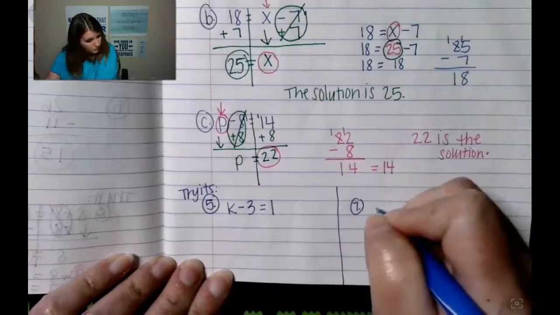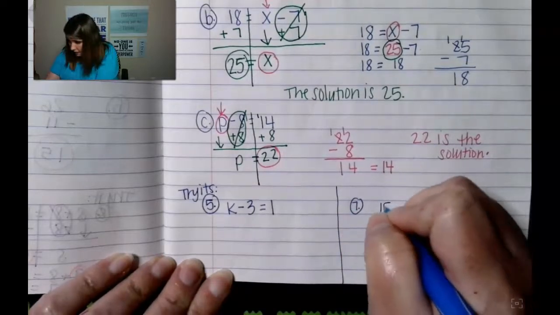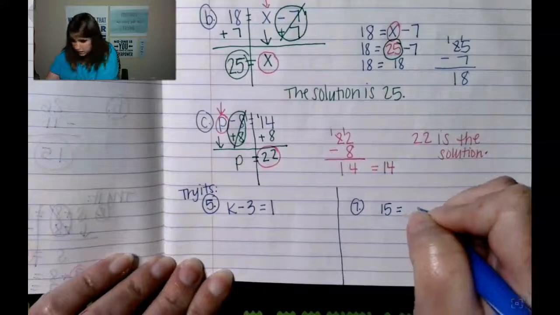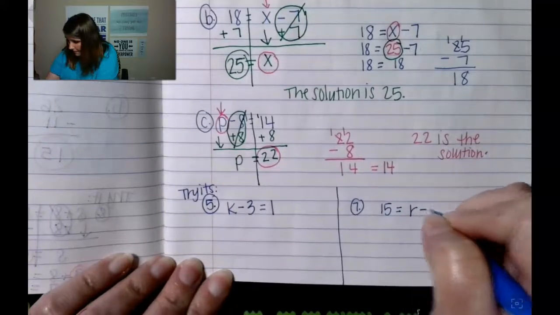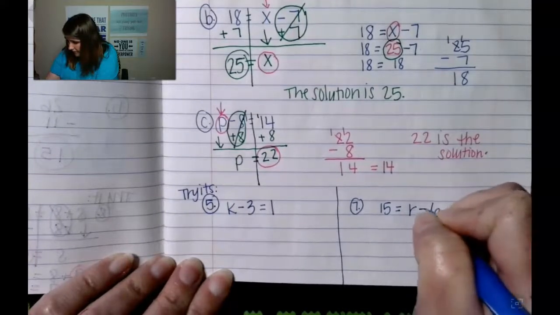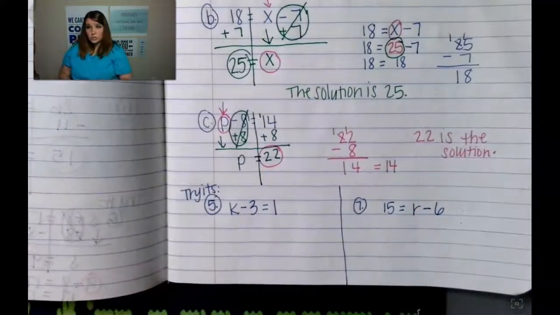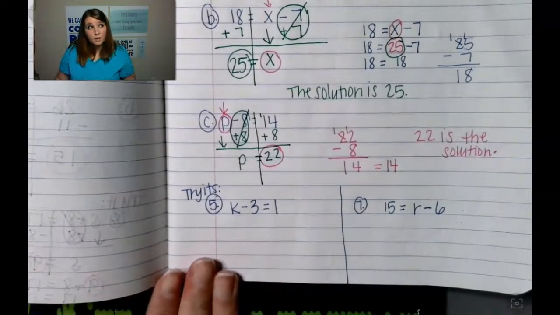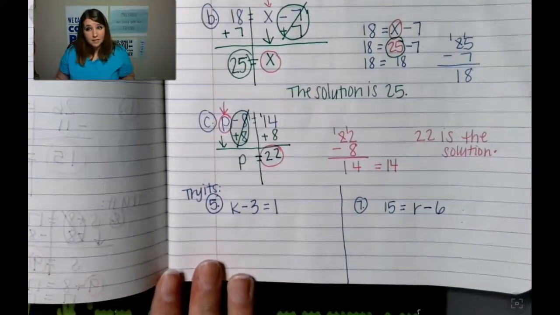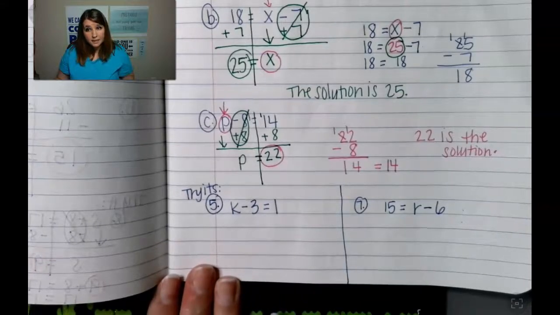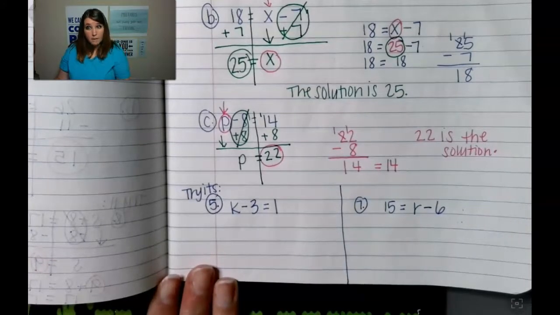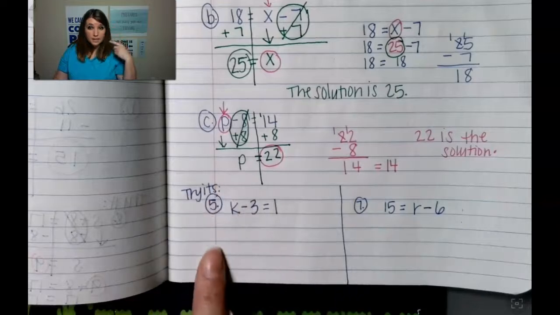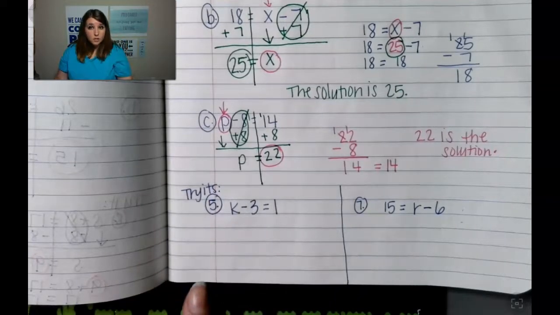And try it number 7 says 15 equals R minus 6. All right, so it is your job right now to hit pause and try these on your own so you can identify if you still need help or if you've got the hang of this. So hit pause. Remember to solve, isolate that variable, and then check your solution.